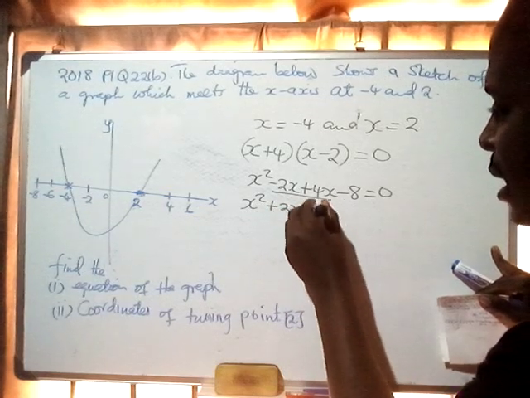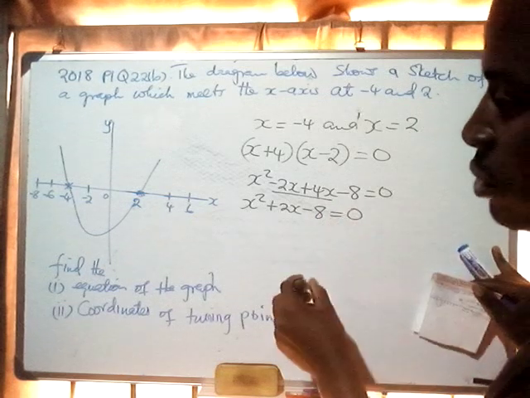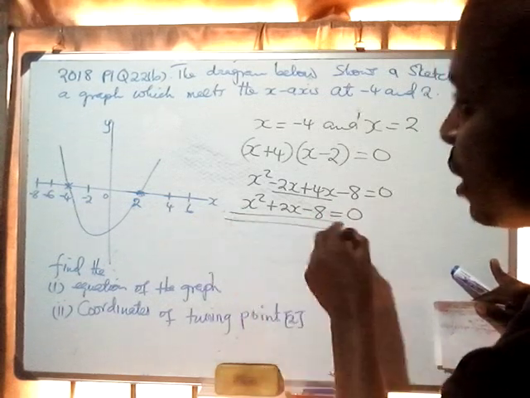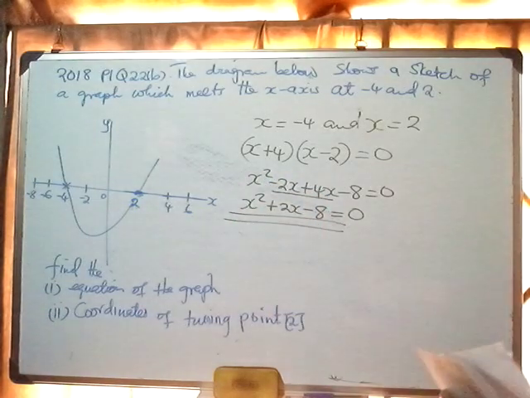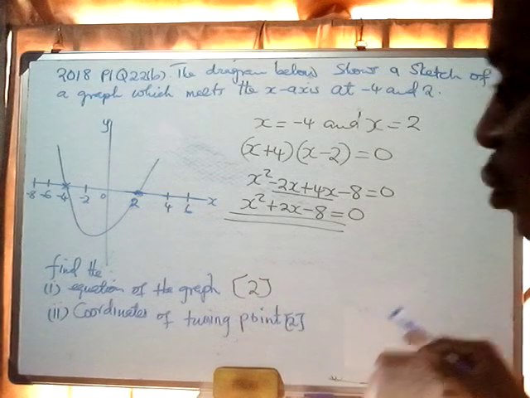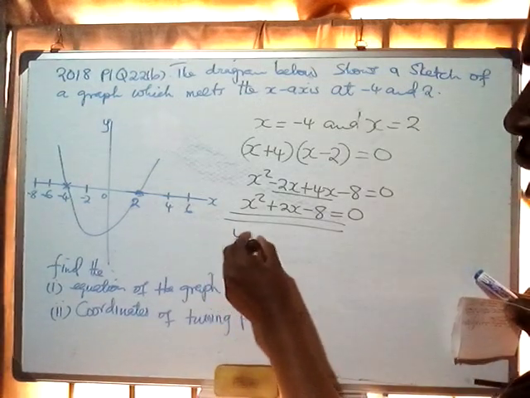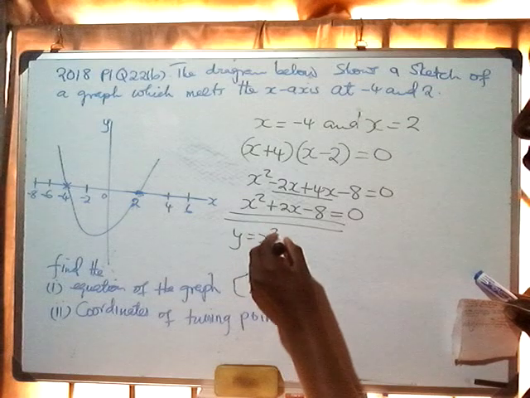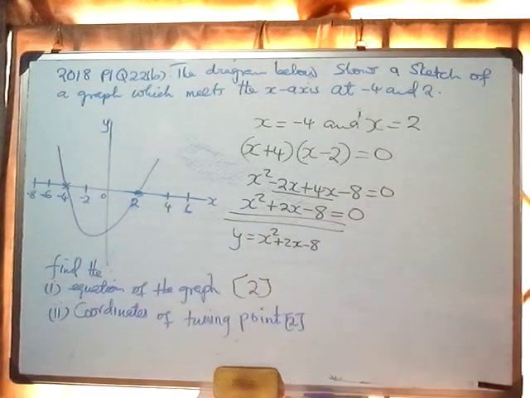Then minus 8. And our answer is equal to 0. That is the equation to that graph. Once you do it like that, you get your 2 marks. Or if you don't mind, you can say y is equal to x squared plus 2x minus 8.